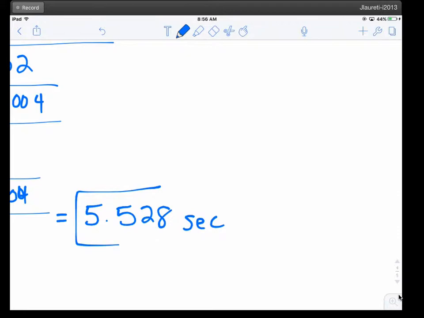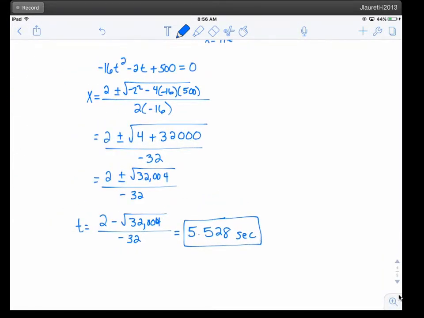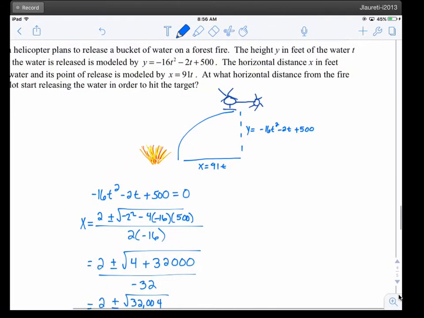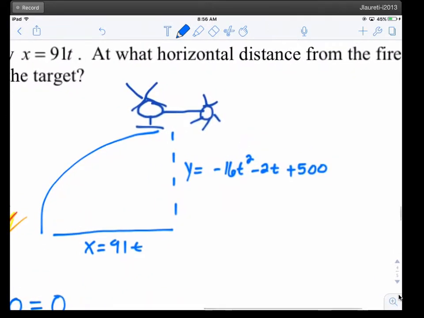Okay, good. So what does that mean, that 5.528? Right, so that's how long it's going to take for the water to hit the ground. So 5.528 seconds to reach the ground.